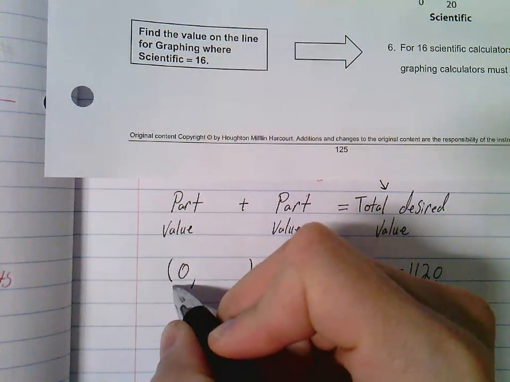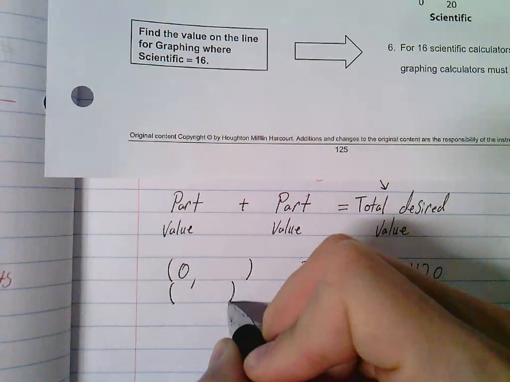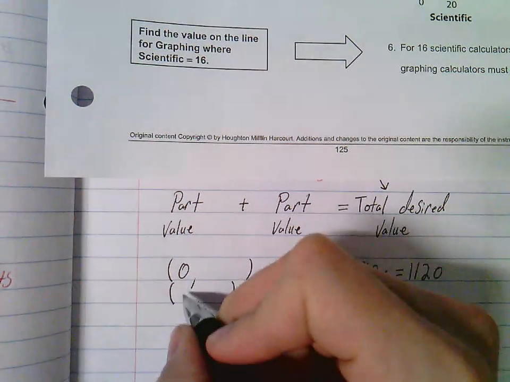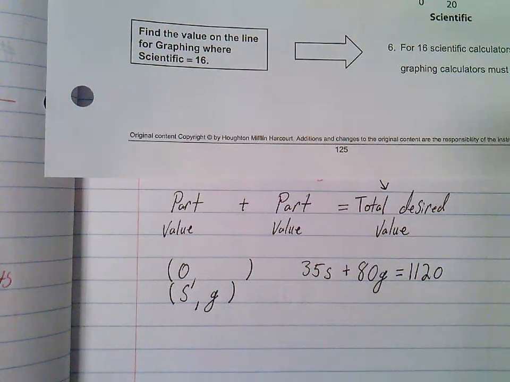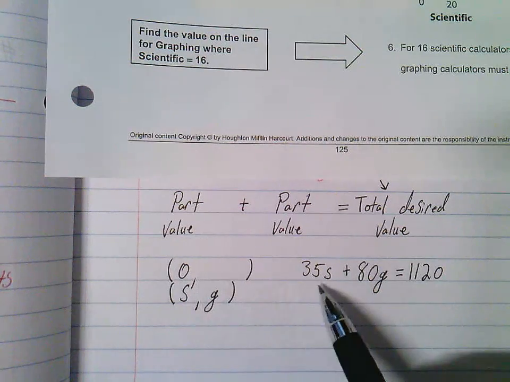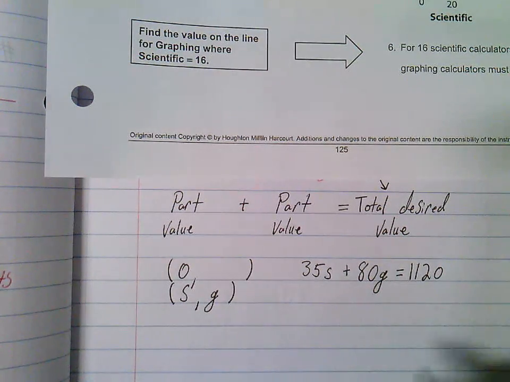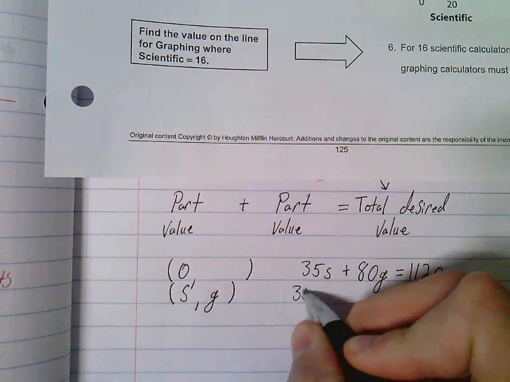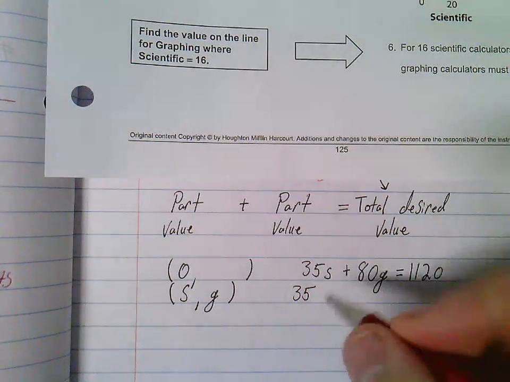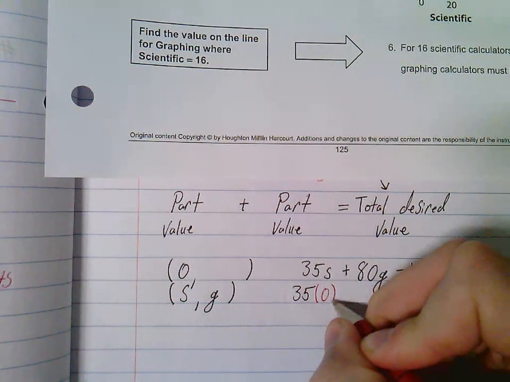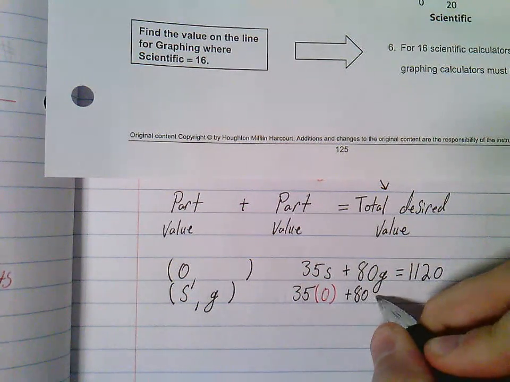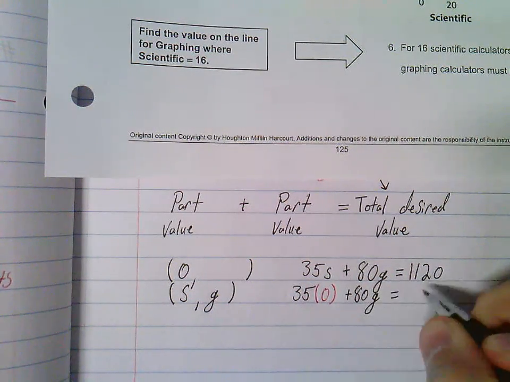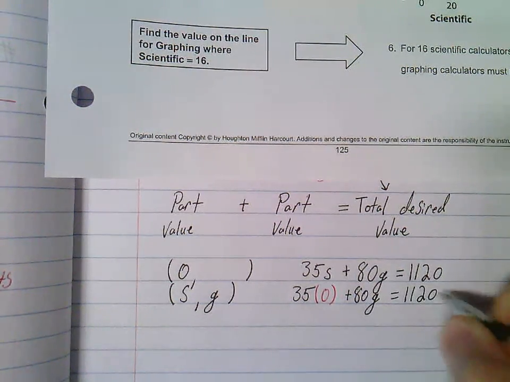These ordered pairs are going to be our S and G, our scientific and graphing calculators. I have 0 S, that means I'm plugging in 0 for S. So this will be 35 times 0 plus 80G equals 1,120.